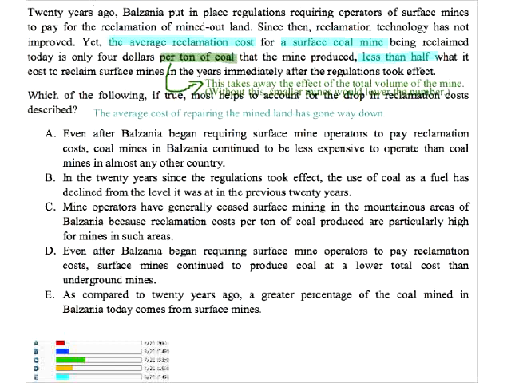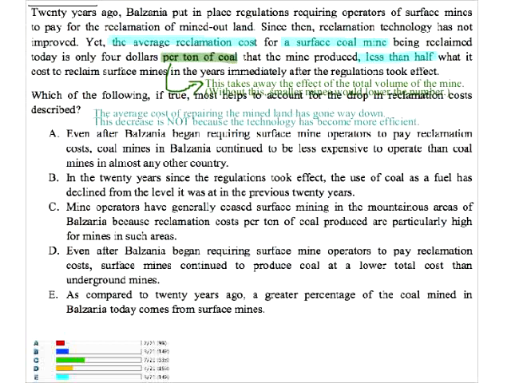But this decrease is not because the technology has become more efficient. So we need something else that is not an increase in efficiency that would explain this.